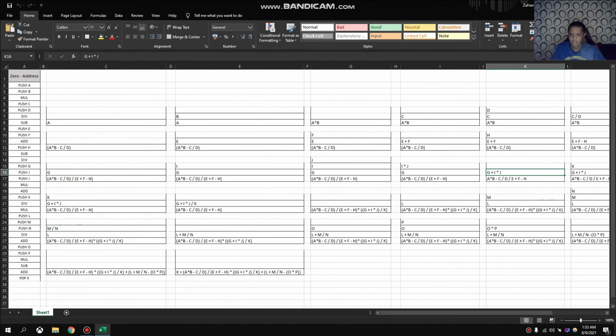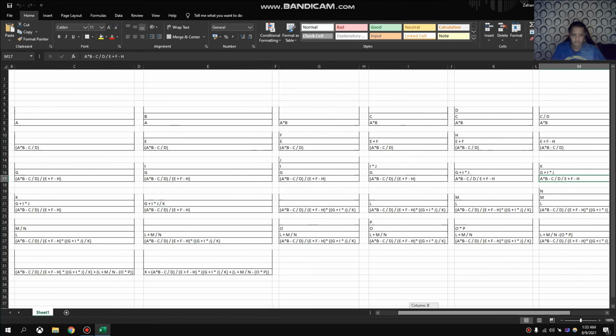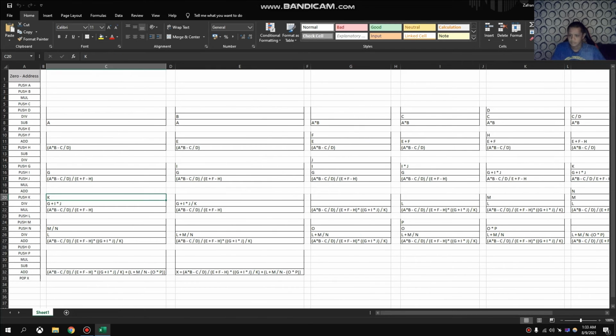After that we continue with the zero address, which is push K. So we push K over here on top of G plus I multiply J. Then we divide. That means this entity G plus I multiply J needs to be divided by K. After we divide by K, we can multiply these two.